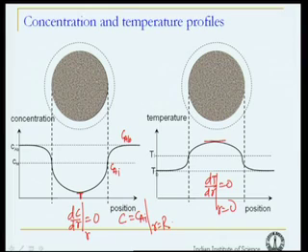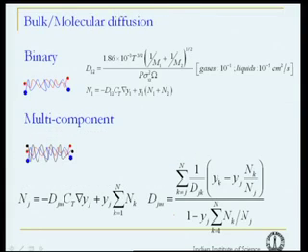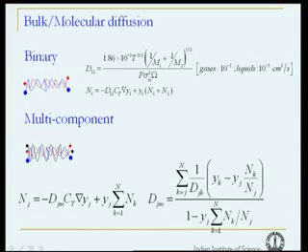Before we go to the actual reaction and diffusion simultaneously, let's look at the diffusion aspect. Now, in case of binary diffusion, the diffusion between A and B is given by correlations such as what we see over here.